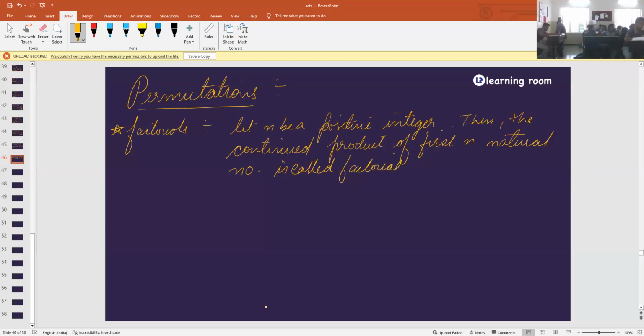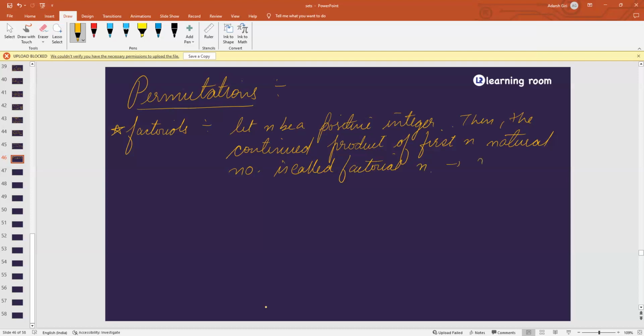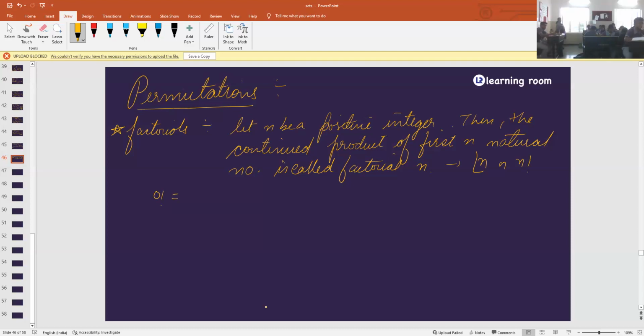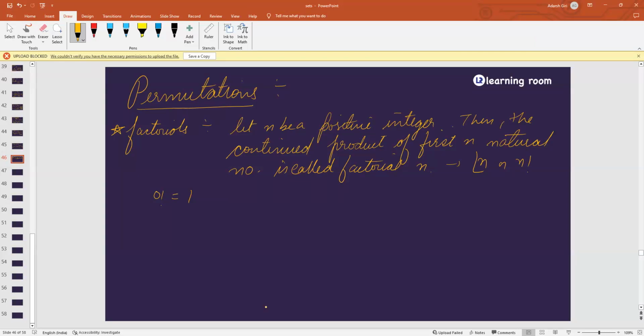It is denoted by n with an exclamation mark, or n factorial. Understood? Okay. 0 factorial is what? Do you know that? 0 factorial? 1. Very good. Good. Okay. So this was the basic idea around that.